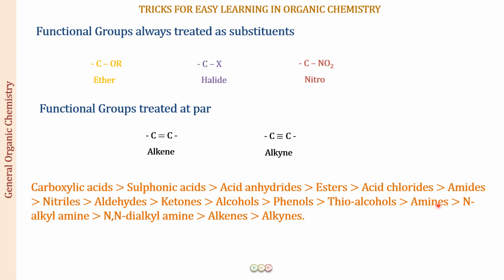One more addition that I have done is that from the NH2 group, if we remove one hydrogen and replace it by an alkyl group, the group becomes N-alkyl amino, and this is a substituted amine, so this is going to be lower in priority than the amine group. And if we substitute it further, remove one more hydrogen and replace it by an alkyl group, it becomes N-dialkyl amino. So this you will be treating as lower in priority order. And then we have the alkenes and the alkynes.